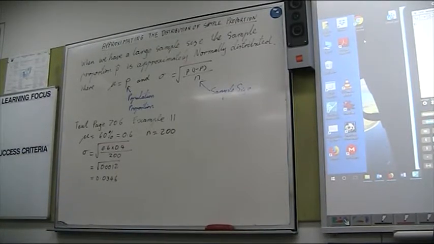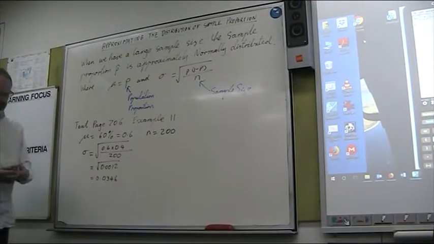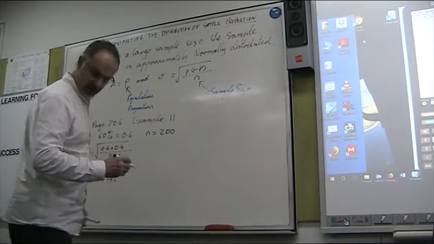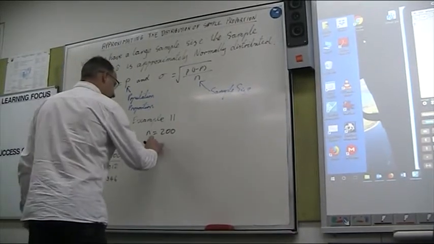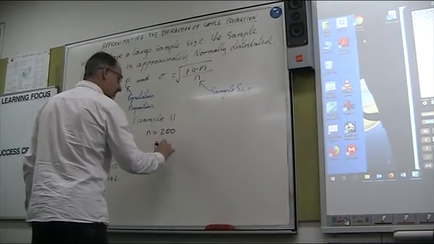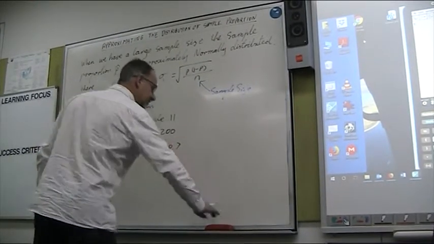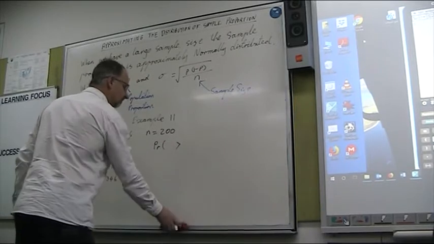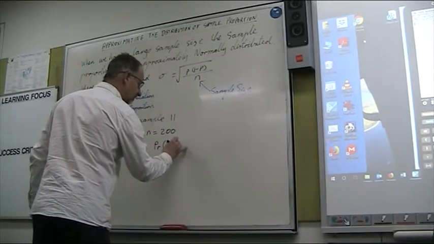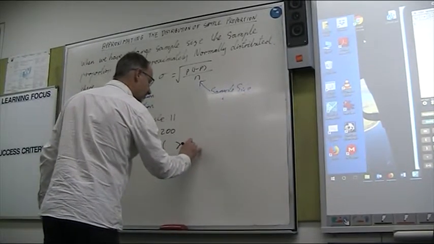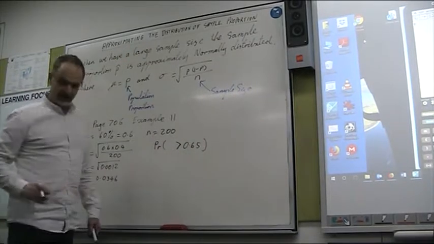All right, what have we got to find? Find the approximate probability that in a random sample more than 65% of people have a driver's licence. So we are after the probability that more than 65%, 0.65, have a driver's licence.